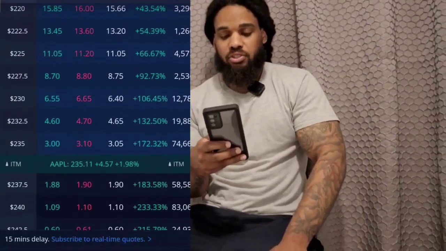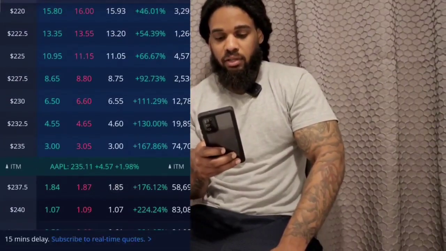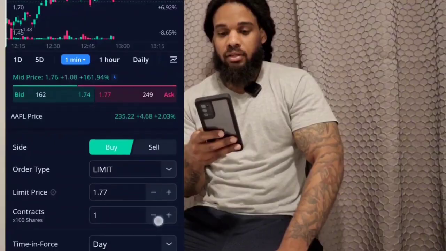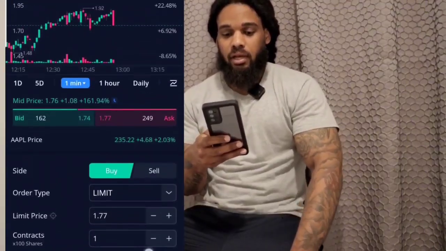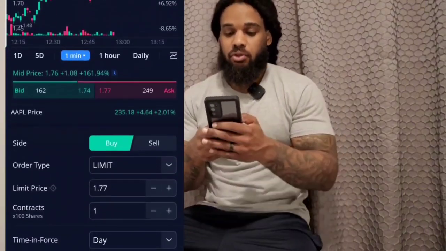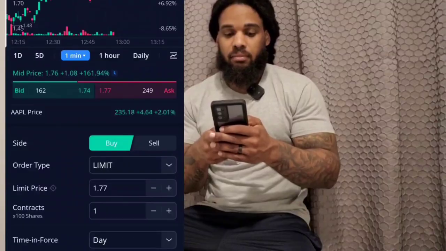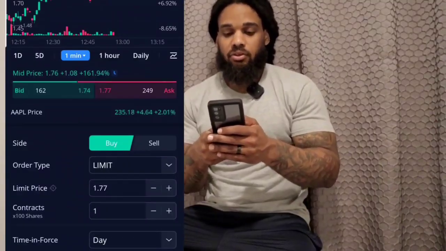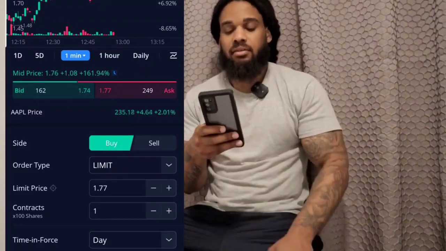Once you decide which strike price you want to go in, you click on the number, and it's going to ask you to put in your password on Webull. You put in the password, and you come to the option contract here. You're going to see the mid price, and you're going to see the ask and the bid.